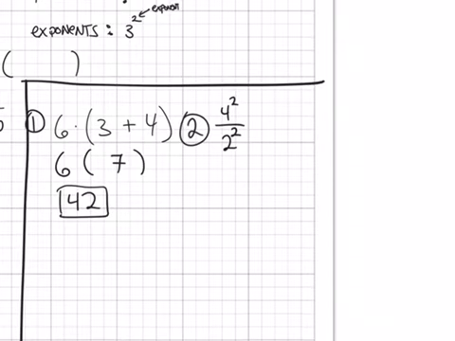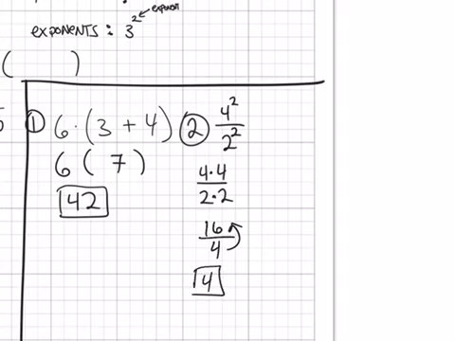And let's look at what an exponent is. 4 to the second power means to multiply 4 times itself. And 2 to the second power means to multiply 2 times itself. So 4 to the second, or 4 squared, means 4 times 4. And 2 to the second, or 2 squared, means 2 times 2. So in the top, we get 4 times 4, which is 16. And in the bottom, we get 4. And 16 divided by 4 is 4. So our final answer is 4.